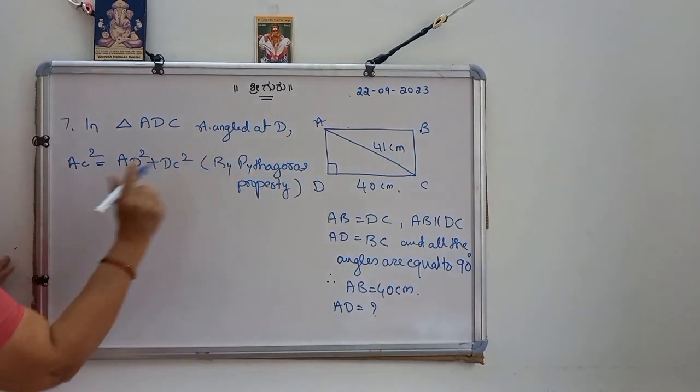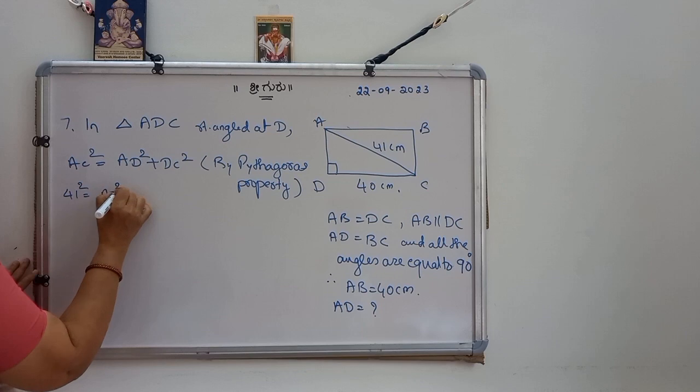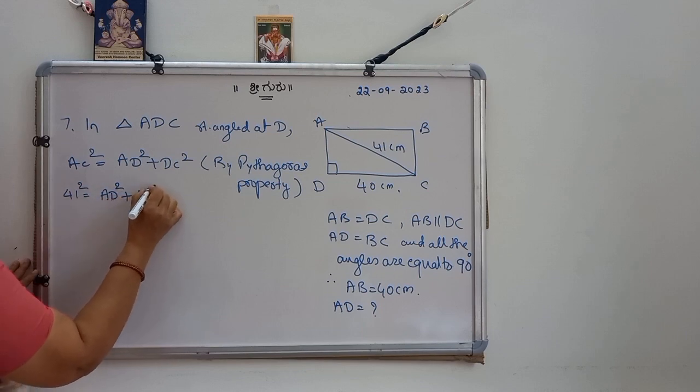Then AC is given as 41, so 41 square is equal to AD square plus 40 square.